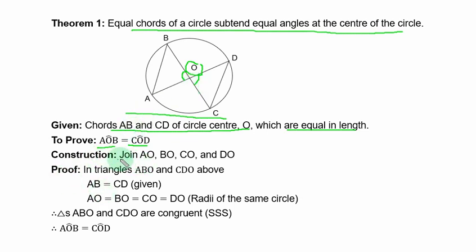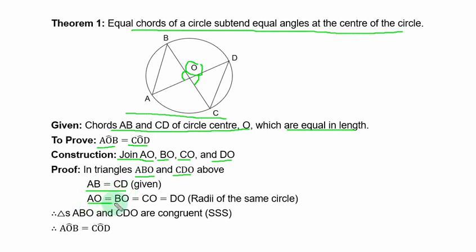Construction: join AO, BO, CO, and DO. Proof: the procedures to follow in triangles ABO and CDO above. You have it that AB is equal to CD given the two chords are equal.